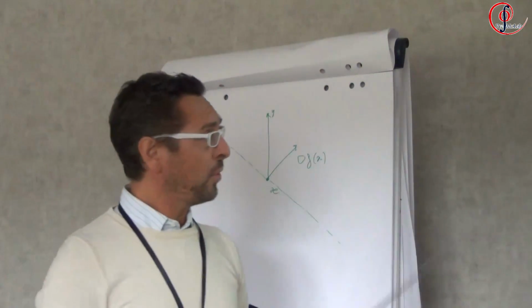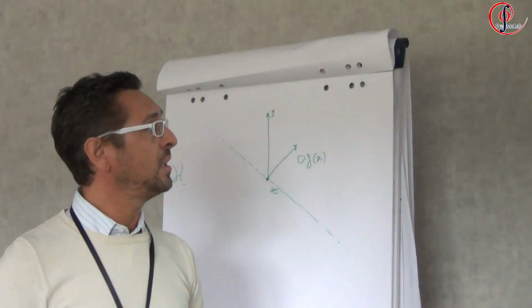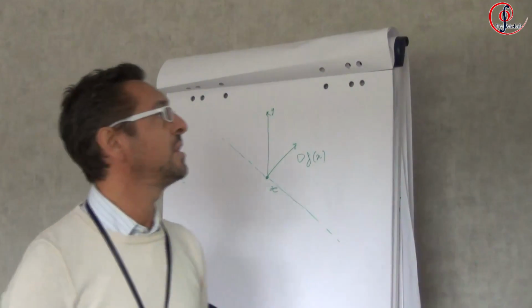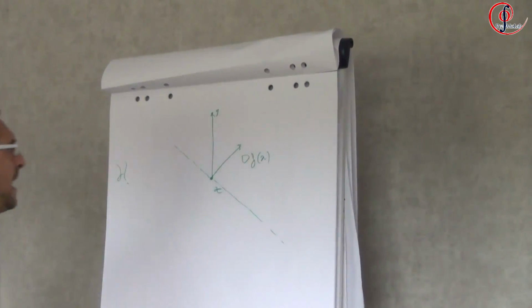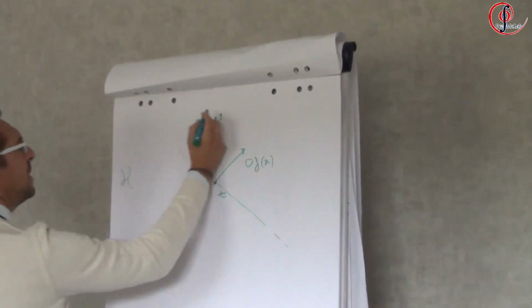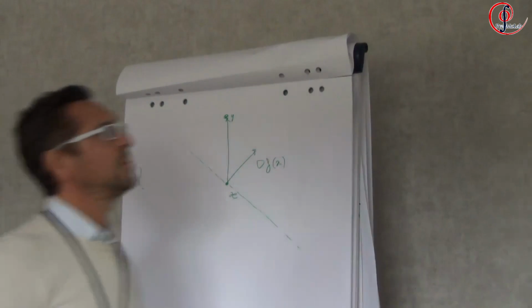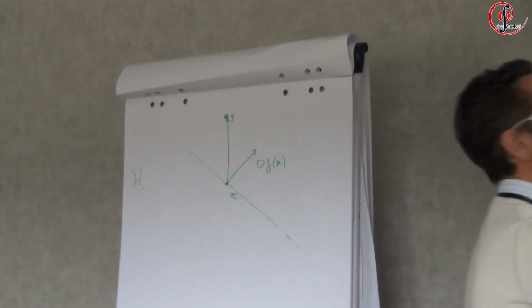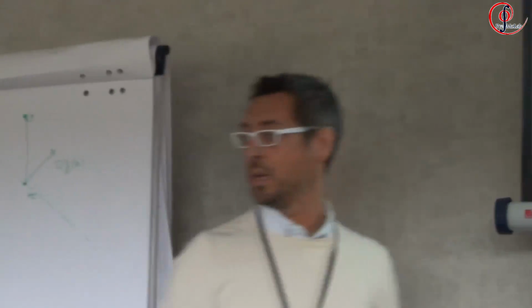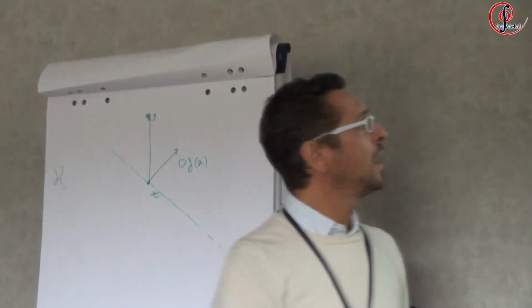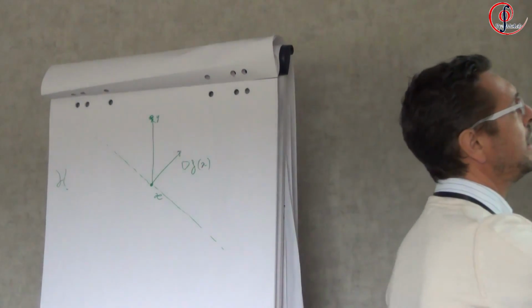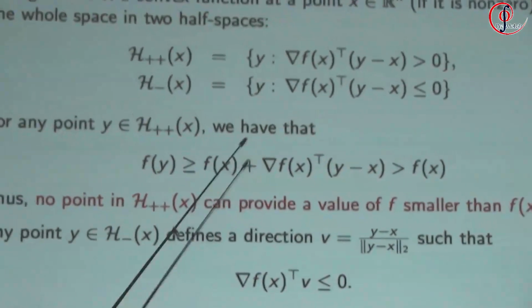And the important fact in optimization is that any point that we may choose in this half space, due to the characterization of convexity that we showed in the previous slide, is such that f of y is greater than or equal to this quantity here.